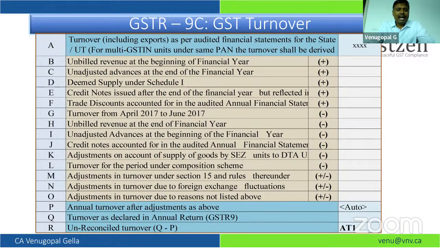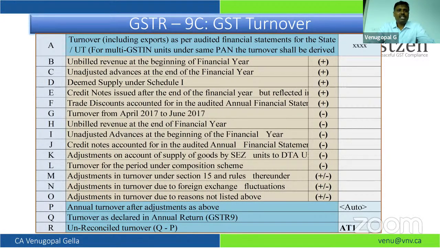There would be a gap between the revenue in the books versus the revenue offered to tax. Let's say the advances from customers will be a liability for GST, while it is not revenue in the books. Or if you have recognized revenue as unbilled in the books, it is revenue in the books, while the revenue comes to GST only when you raise an invoice within the specified time.